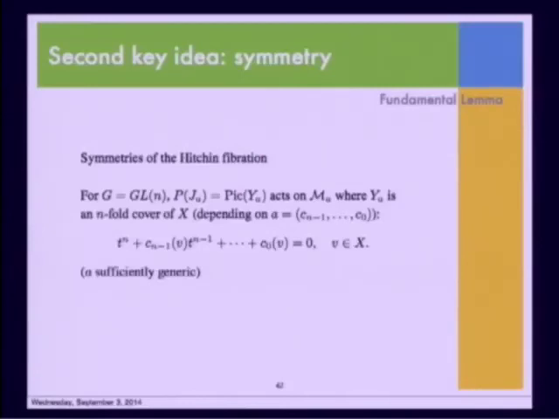I can pick a one-dimensional eigenspace that corresponds to a line, and as I vary the point, I get a line bundle on the spectral curve. And so I get an element of the Picard group, and as is well known, the Picard group is related to abelian varieties, and you start to see why something like an elliptic curve might have come up in the calculation of the orbital integrals.